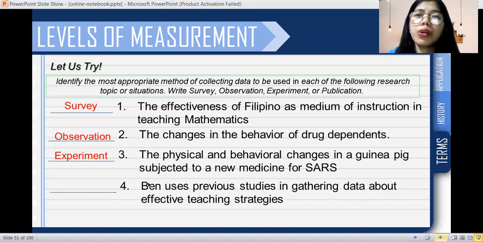And also, we have Ben uses previous studies in gathering data about effectiveness of teaching strategies. Now, for this one, it is publication dahil ang ginamit niya is previous studies or the studies of other researchers.